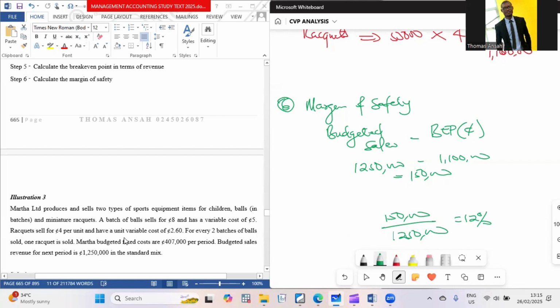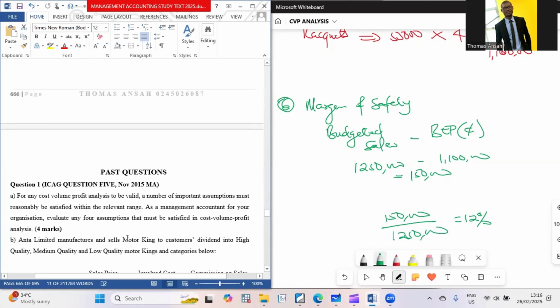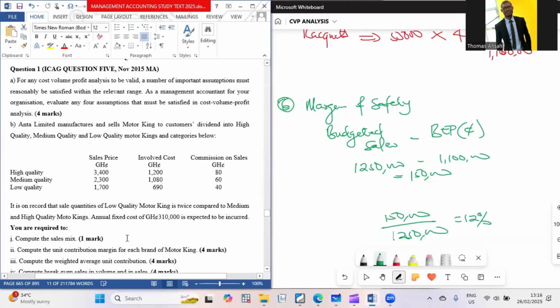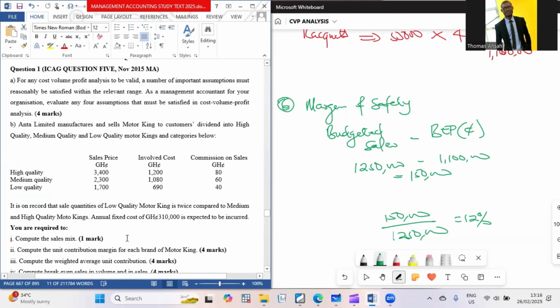So, let's take some past questions. All right. Let's take some past questions. You have this one here. I think the B part is what we are going to focus on. We have the mix unit contribution for the brand of motor, and you can compute the weighted average. So these are management accounting questions.